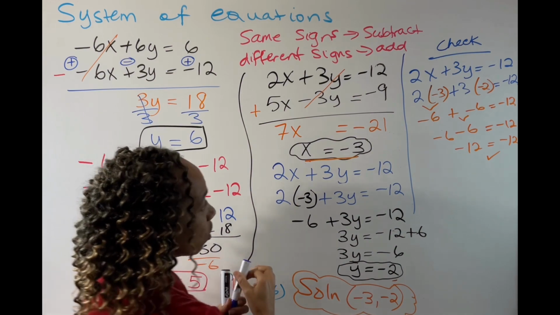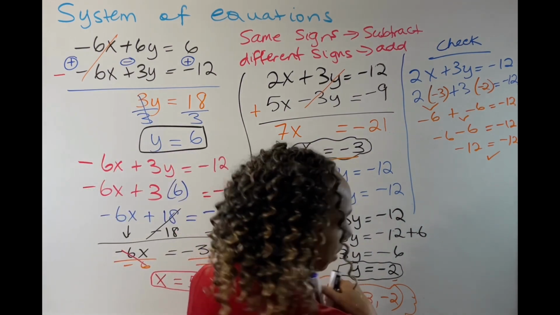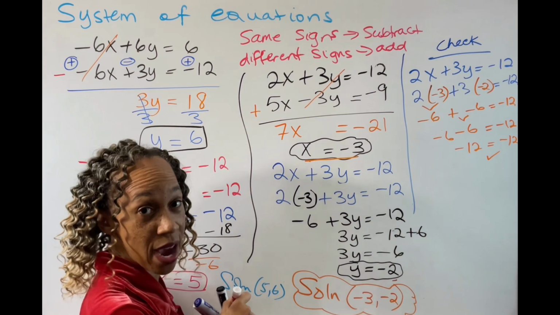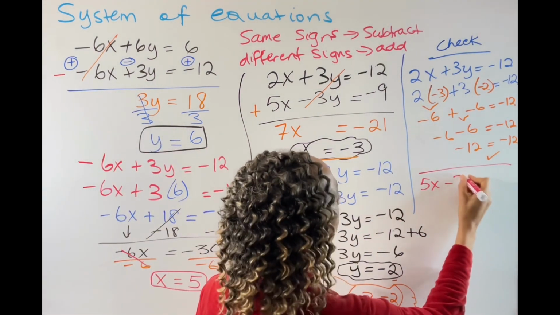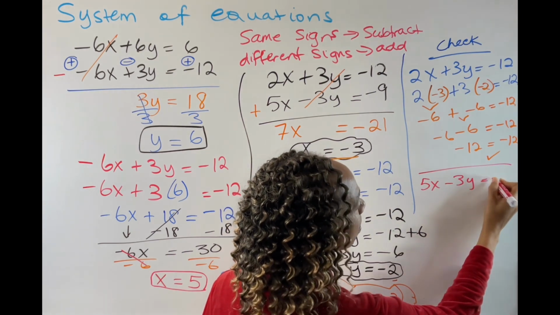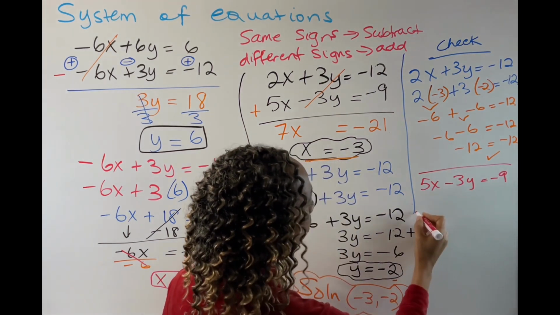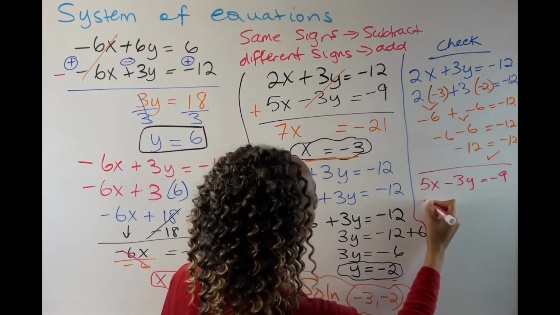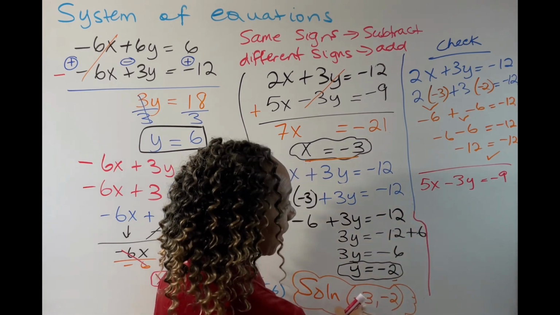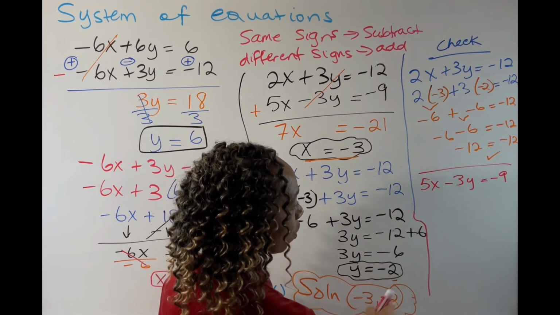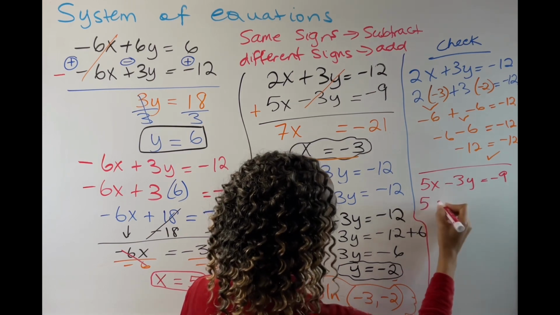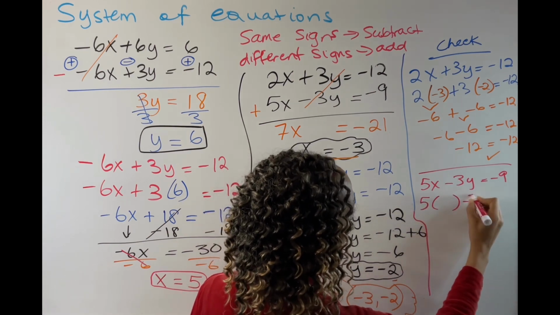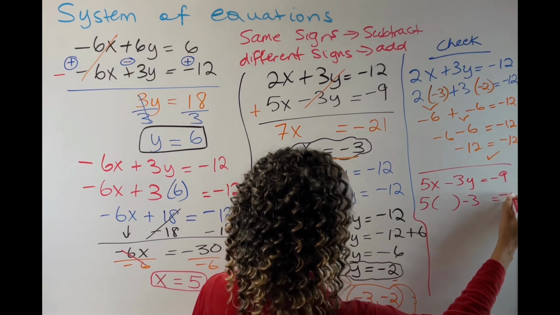You will continue by testing the other one. Life does not stop here. You must continue to check the other equation, which is 5x minus 3y equal negative 9. And so you will substitute your negative 3 and your negative 2 respectively for the x and y. So 5 parentheses minus 3, and leave space there.